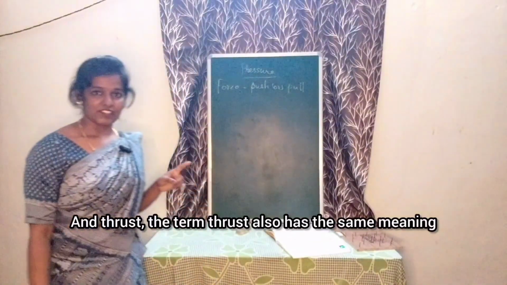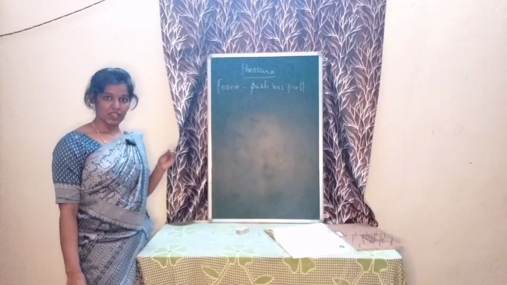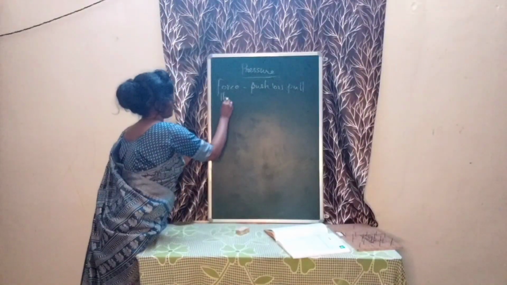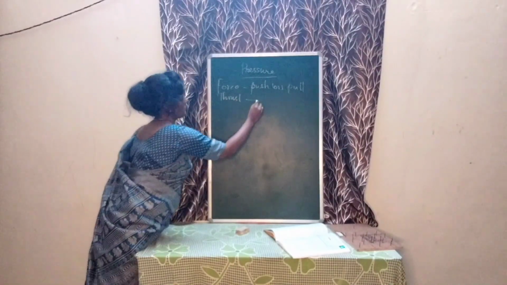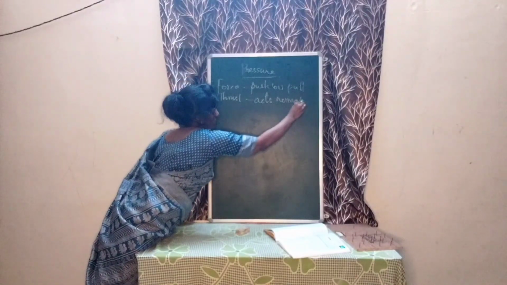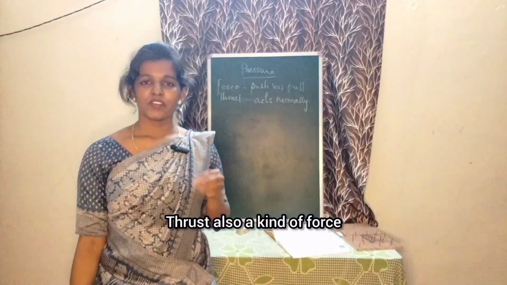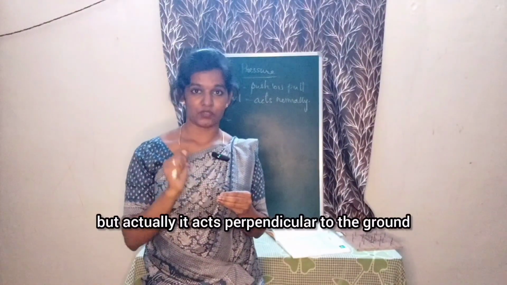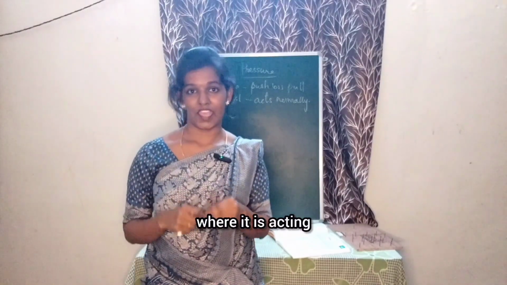And thrust. The term thrust also has the same meaning, but with a small change. Thrust is also a kind of force, but it acts perpendicular to the ground, or perpendicular to the place where it's acting.